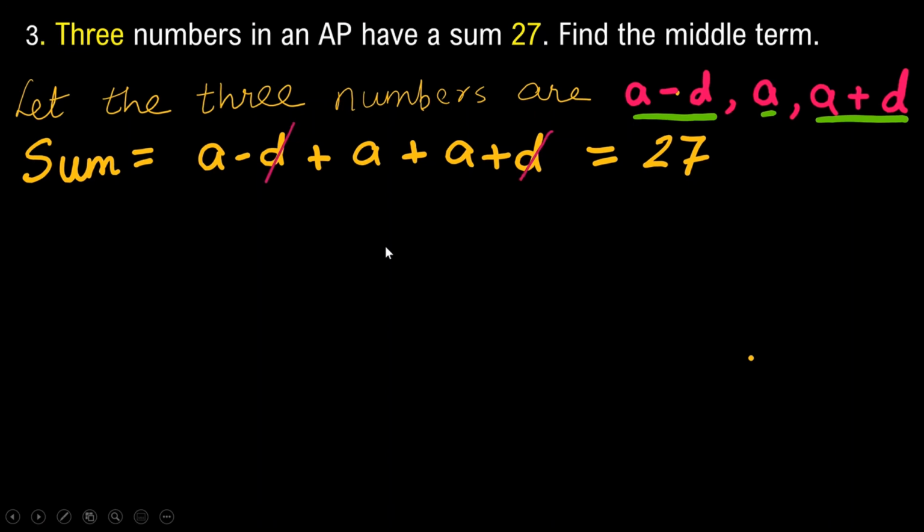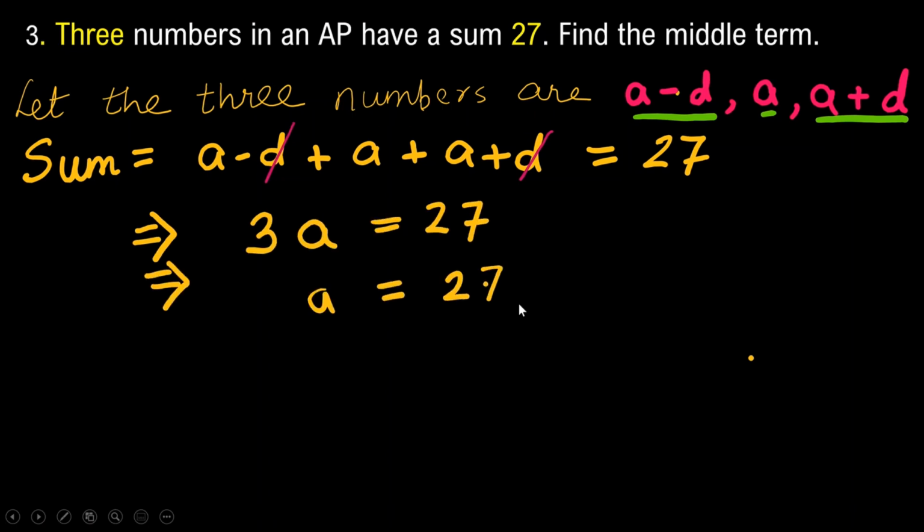Now this was the purpose of taking this sequence in this format, like A minus D, A and A plus D. Because we wanted the D to cancel out, we have very limited information. We need another equation to solve D. Okay. So it is becoming 3A is equal to 27. That means A is equal to 27 by 3. That means we get 9.